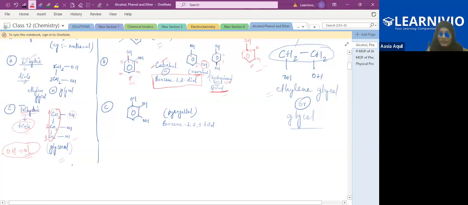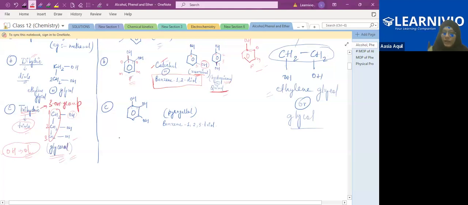It is also known as a triol, meaning three OH groups. So this is all about the aliphatic system.